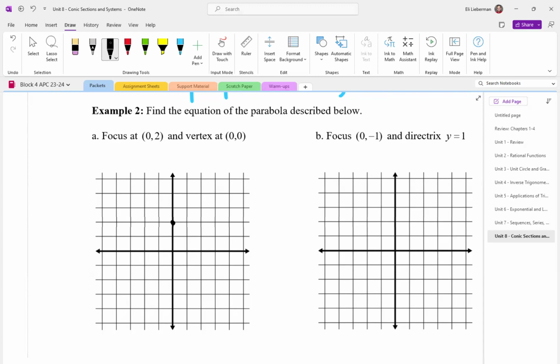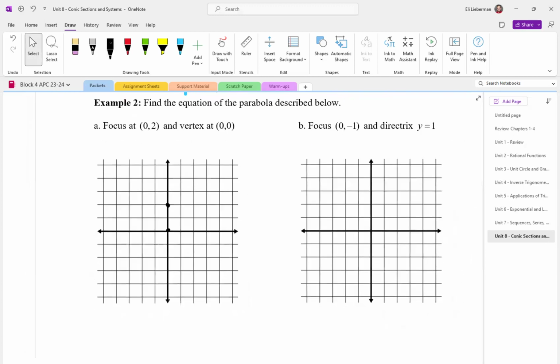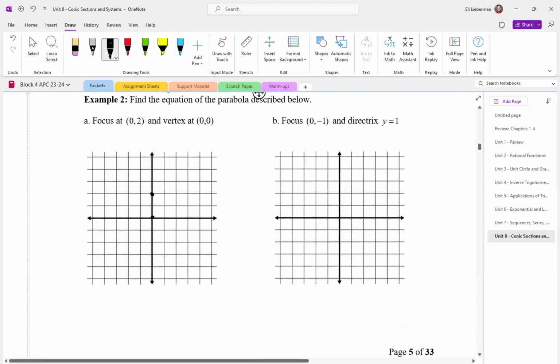Who'd like to help out? Anyone? Yes, Miles. So you draw your focus at 0, 2, and the vertex, and because you know that the focus is at 0, 2, then you know that your directrix is the line.